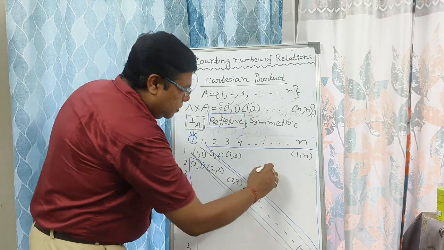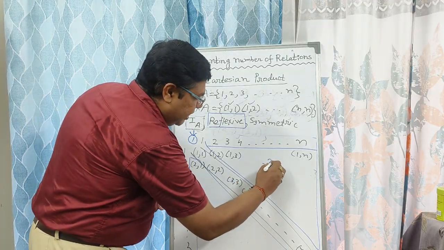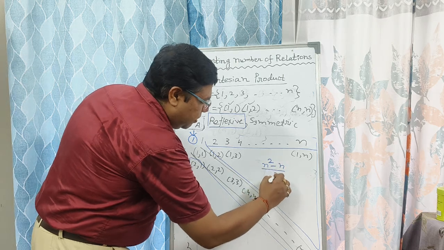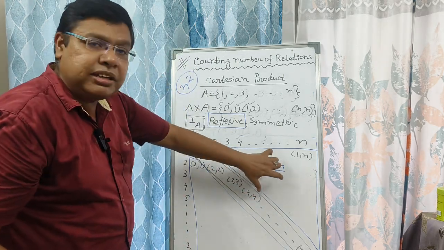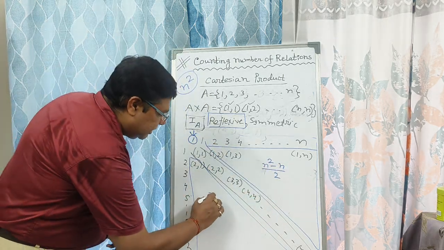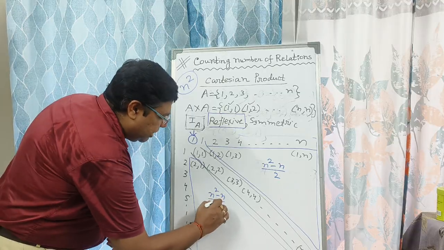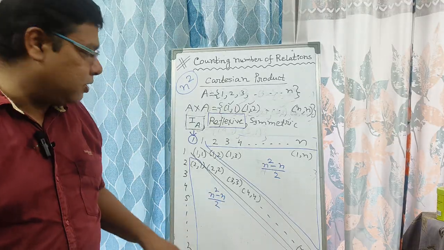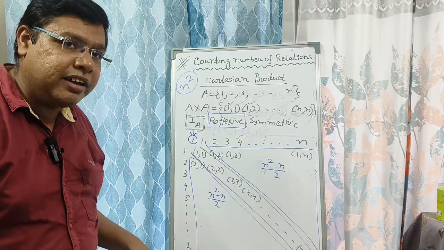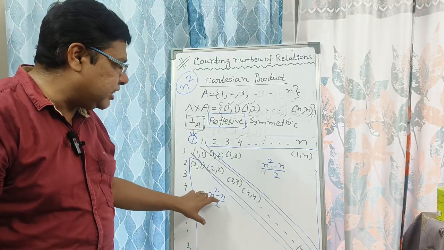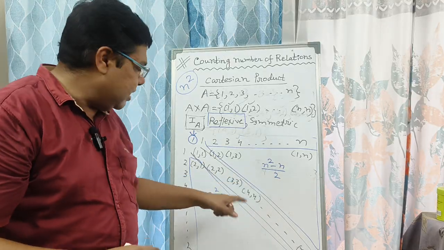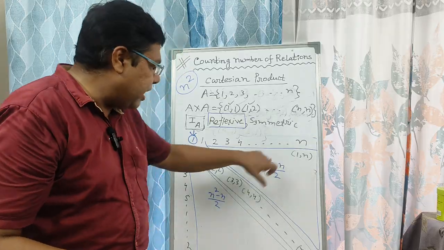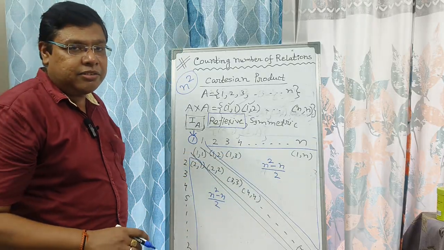So this side will be n square minus n upon 2. These many elements will be in this triangle, and this also n square minus n by 2. Clear? N square minus n by 2 elements here, n square minus n by 2 elements here, and n elements here. If you add all this, you will get n square.